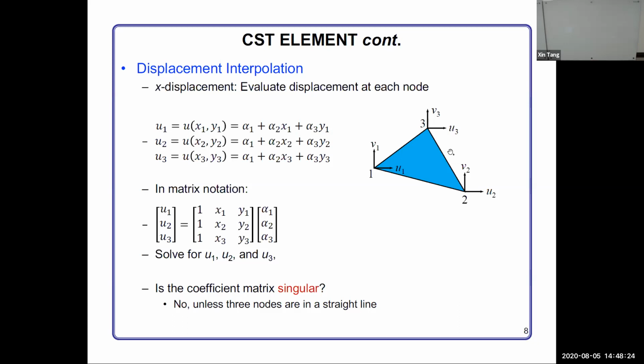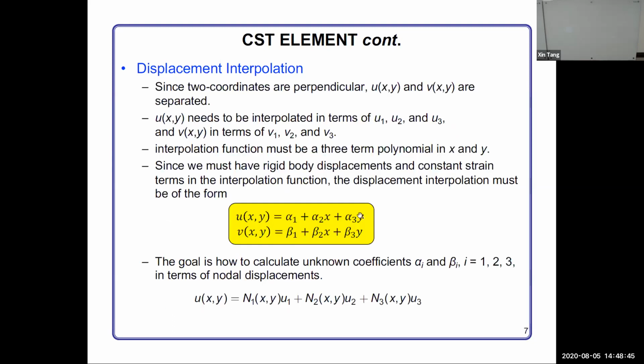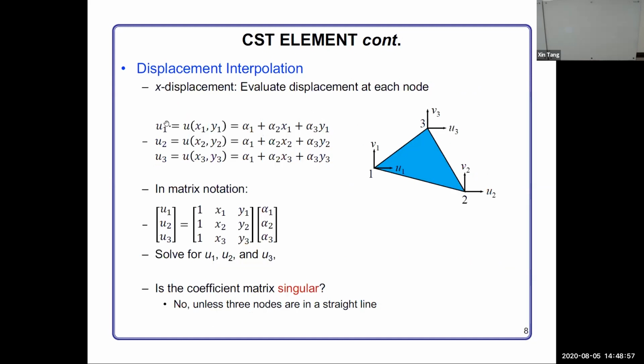Same thing for node 2 and node 3. You have u2 equals alpha 1 plus alpha 2 x2, plus alpha 3 y2. And for node 3, you have u3 equals alpha 1 plus alpha 2 x3 plus alpha 3 y3. Remember, all those three equations come from this one equation. You put the node 1 coordinates and displacement into this equation, you get the first equation.